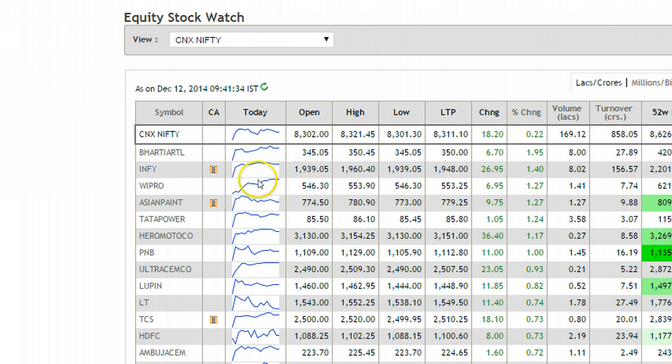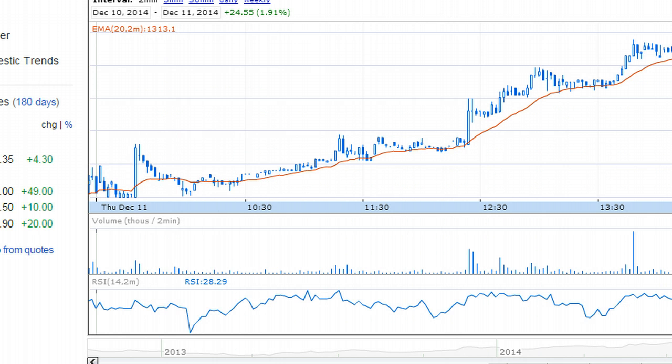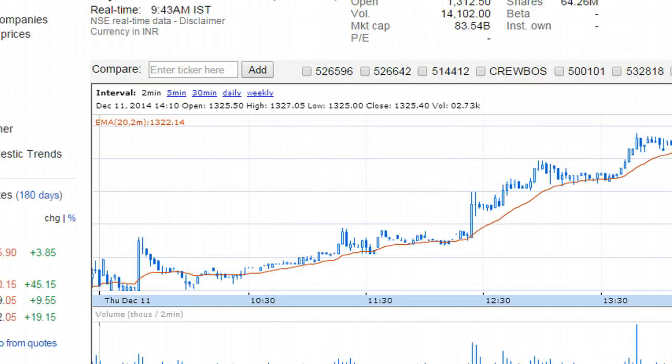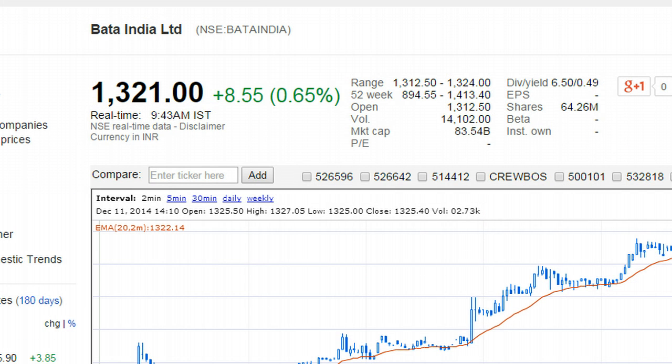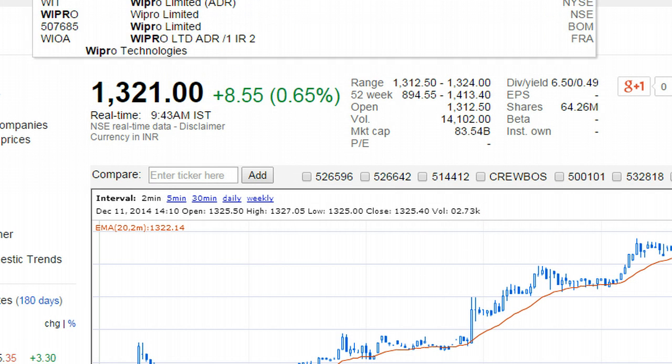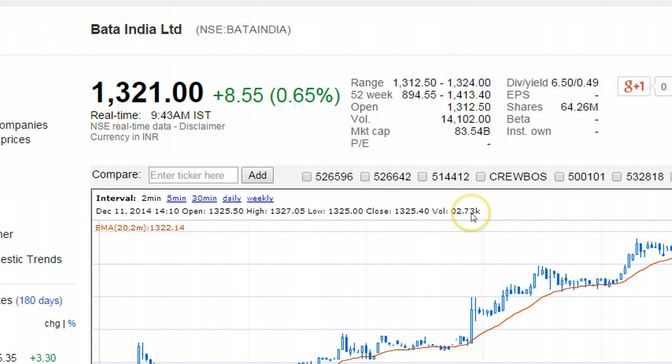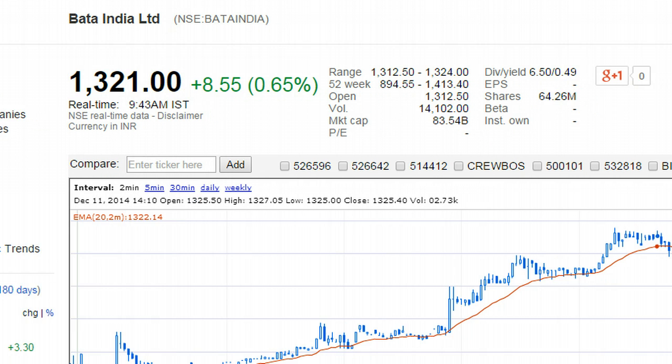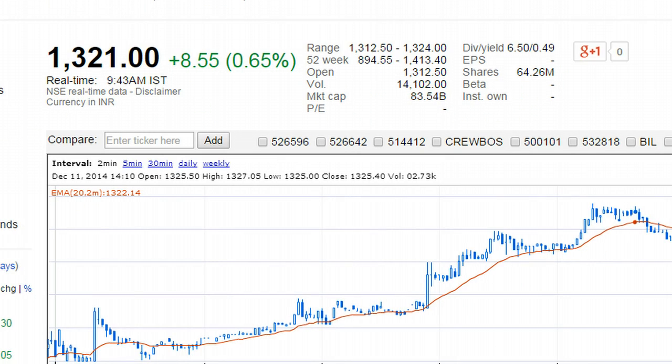So when I find something like this, I'll quickly go to Google Finance and try to get the Wipro chart. Let me get the Wipro chart. And I'll try and quickly check if the graph is convincing, like a 45-degree line. The page is still loading.